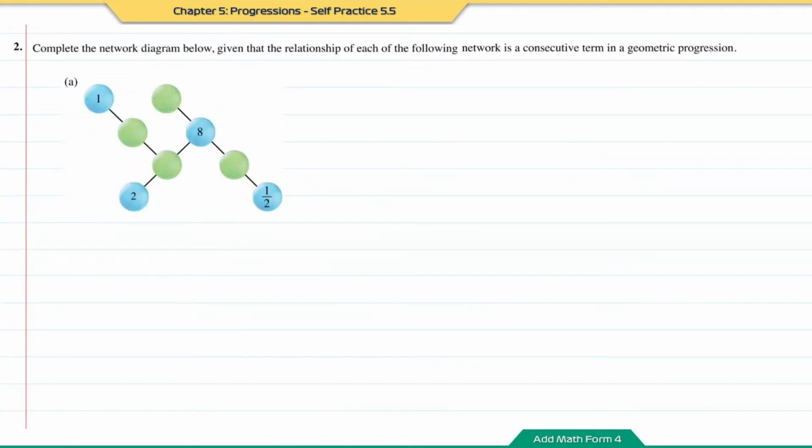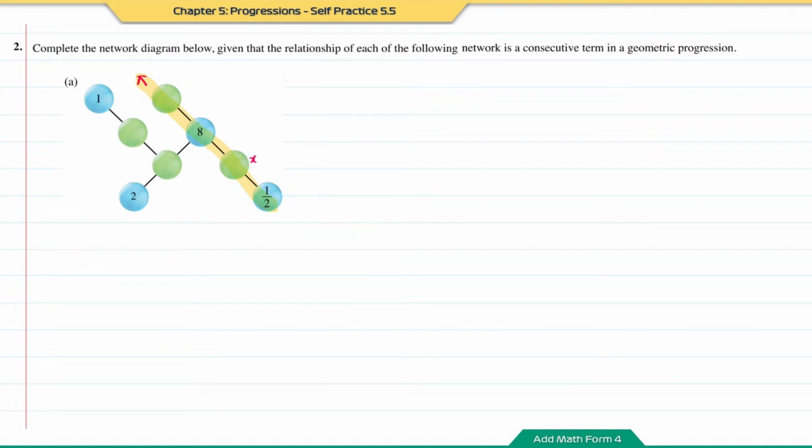Question number 2. Complete the network diagram below, given that the relationship of each of the following networks is consecutive terms in a geometric progression. In a geometric progression, we know that the ratio between any two consecutive terms is a constant. So to find the missing terms, when we look in this direction, let's say this missing term here, we label it as x.